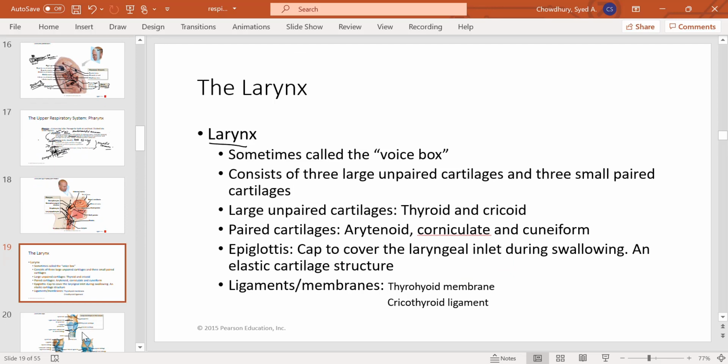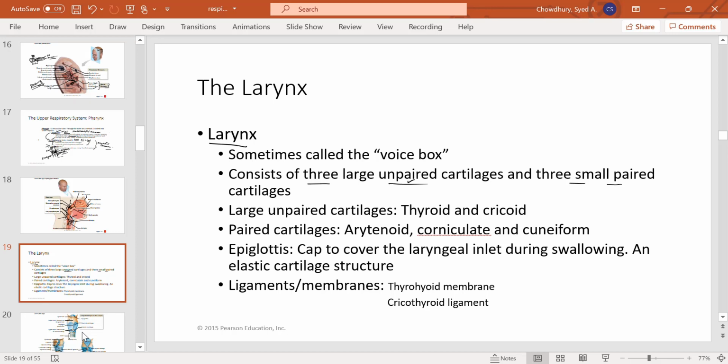Larynx, as I mentioned, is known as the voice box. Also, it is a cartilaginous structure. It has both paired and unpaired cartilages. There are three small paired cartilages, that means those are two each type, two in number, and three large unpaired, that means one each of each type.